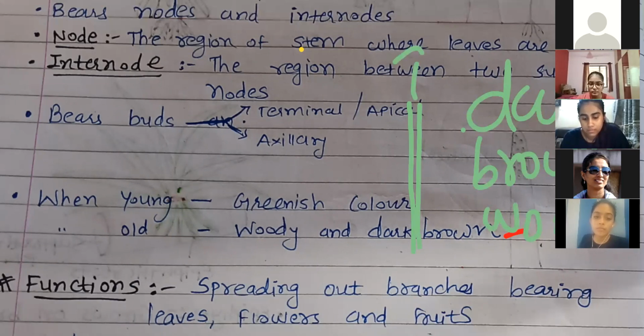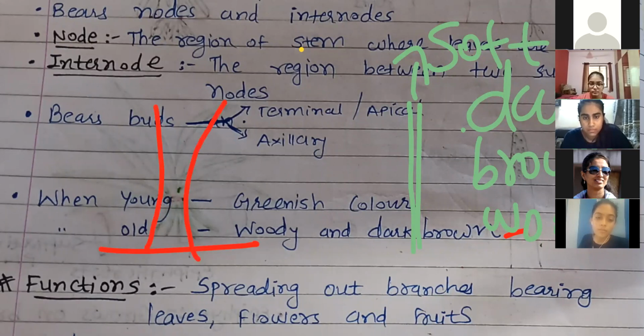The greenish one is a soft structure. That's why if anyone asks you to draw a tree diagram, we use brown color to make the trunk. Remember, the tree shoot system, stem axis, is initially greenish in color at a younger stage, but when it becomes older and more mature, it becomes woody, dark brown in color.